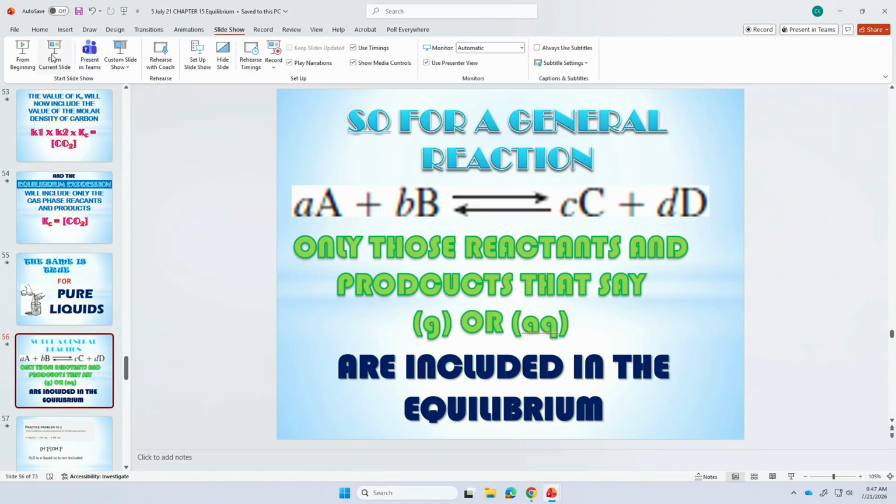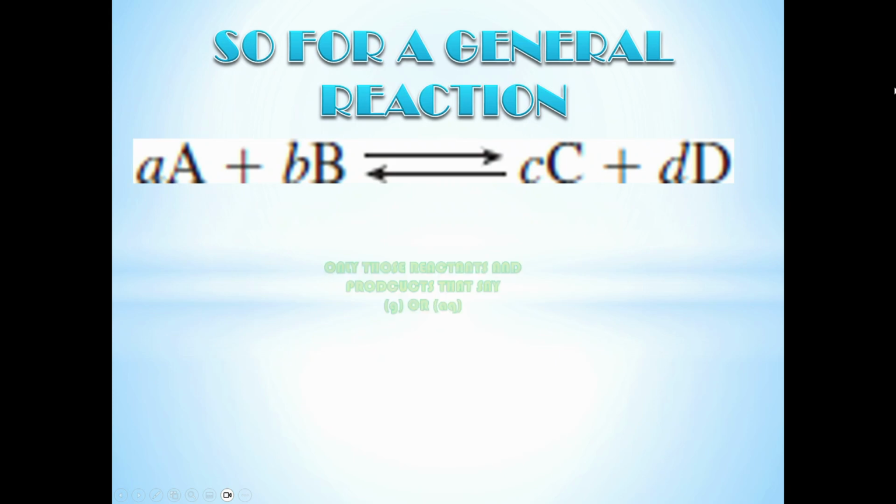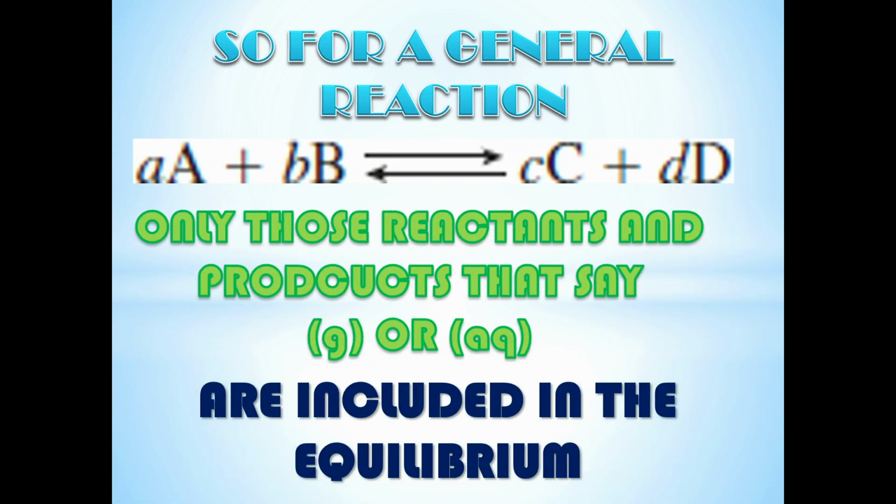So when you are doing an equilibrium constant, when you learned in 1127 to write a complete balanced equation, we said you should include the states, but then we mostly ignored the states. Now we can't ignore the states, because in an equilibrium constant, only the things that say G for gas or AQ for an aqueous solution can be included.